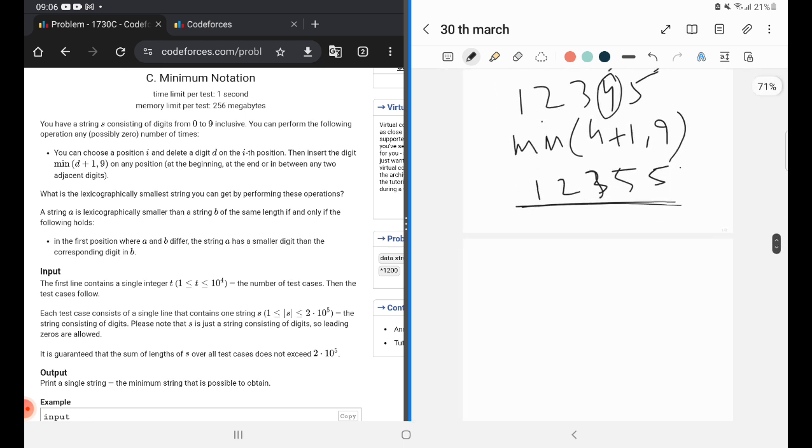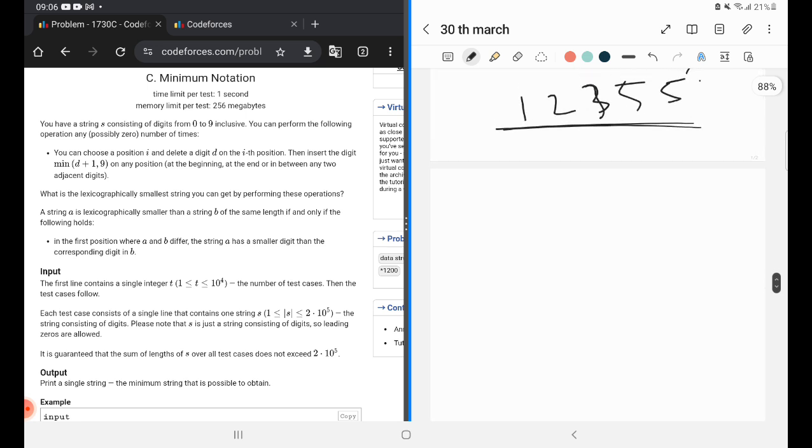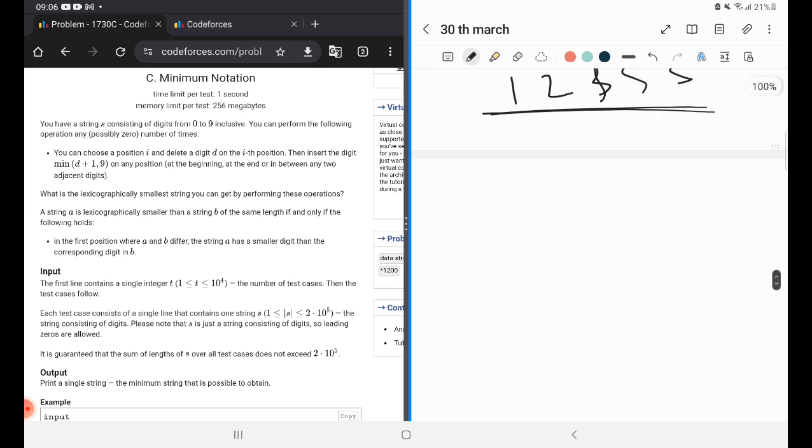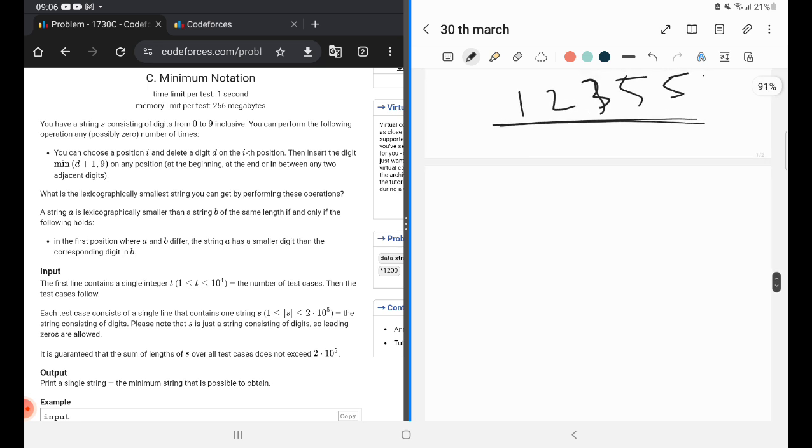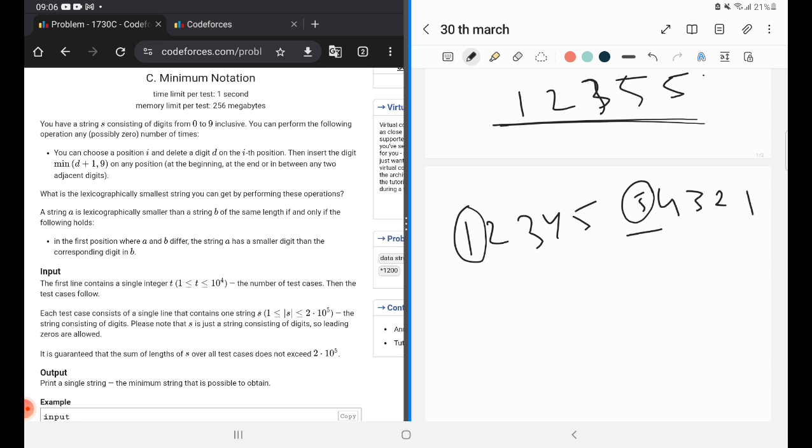Now the question says that what you need to do is find the lexicographically smallest string that you can get after performing all these operations. By lexicographically smaller, the way we compare it is, let's say I have 1 2 3 4 5, and I have 5 4 3 2 1, so I look at the first position, so we can clearly see that 5 is greater than 1.